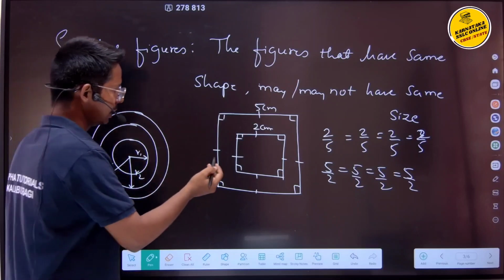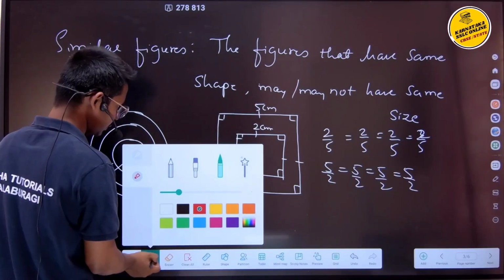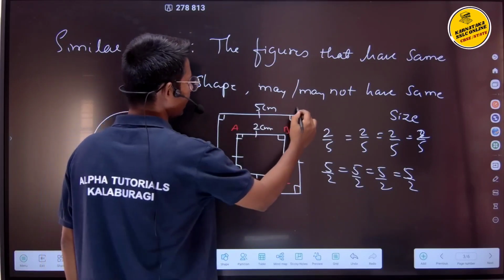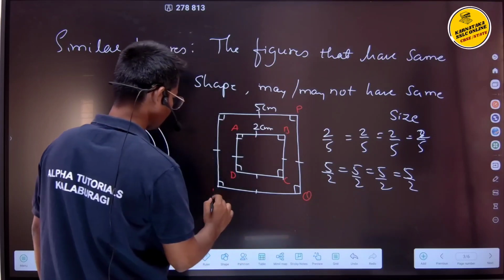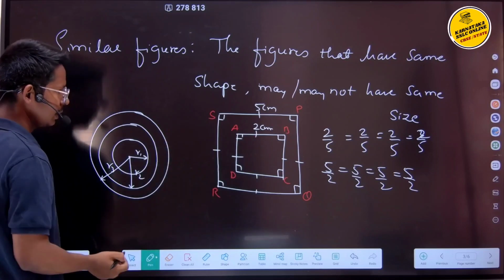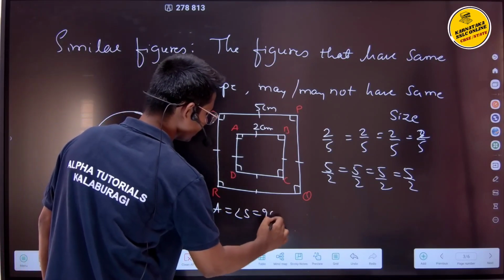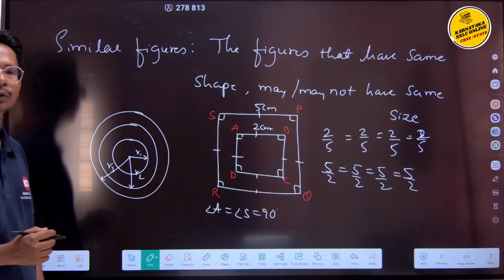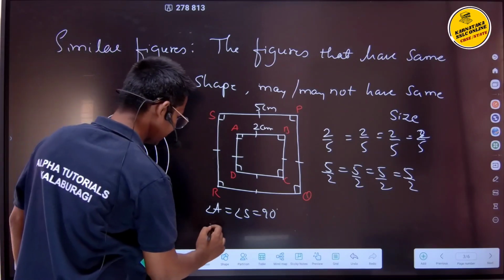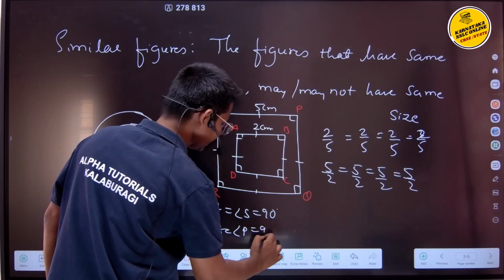And what about the angles? Suppose I name these squares A, B, C, D and P, Q, R, S. I can write the corresponding angles: angle A equals angle S equals 90 degrees, because both are squares and we know in a square each angle is 90 degrees. Similarly, angle B equals angle P equals 90 degrees.